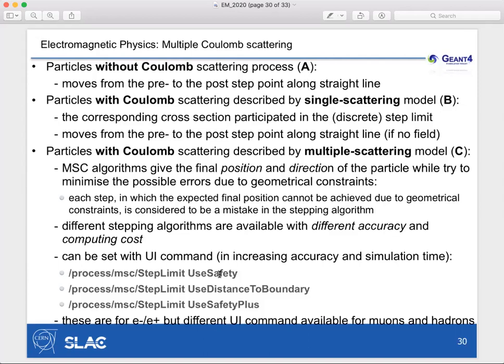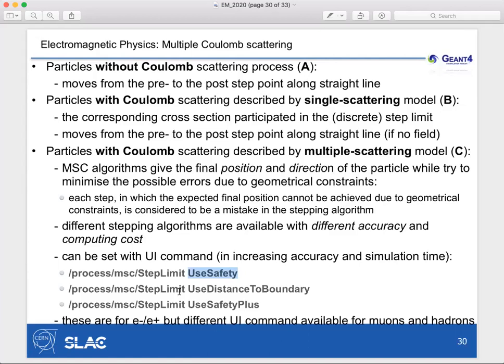You will make some number of mistakes. How many? It depends on how granular your detector geometry is. Of course, if you are in a big volume, then you won't make any mistakes because all the boundaries are usually very far. If you have a more granular detector, then you will make many mistakes with this step limit.